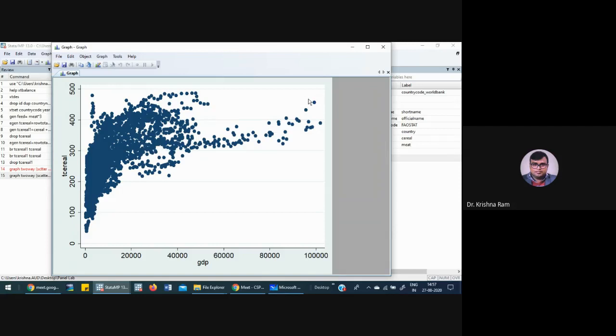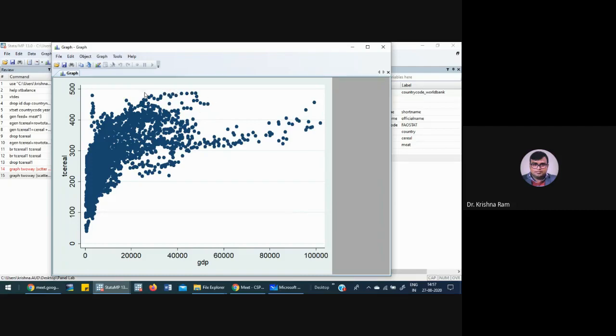These are the countries having a very high per capita income, but consuming on average 3 to 450 kilogram total cereal consumption per person per annum.